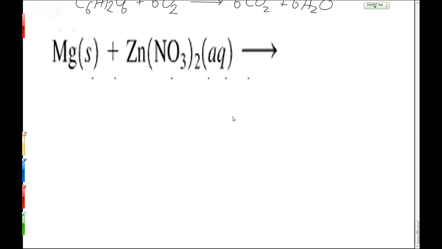Here, let's see. Yeah, they always kind of give the same example that we used in lab too.